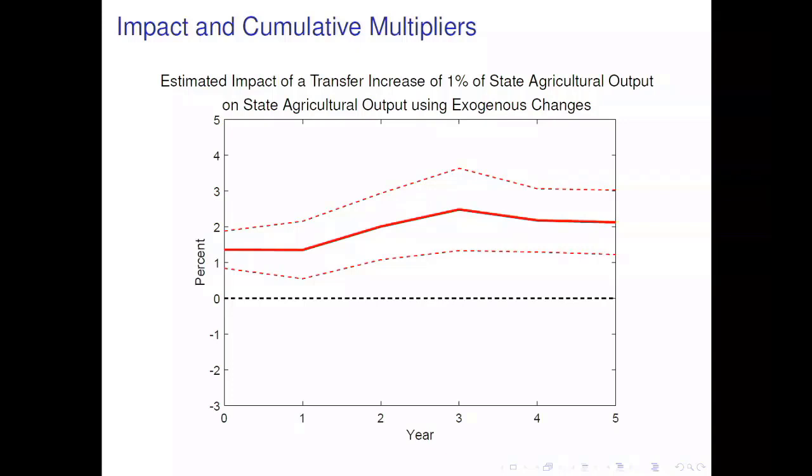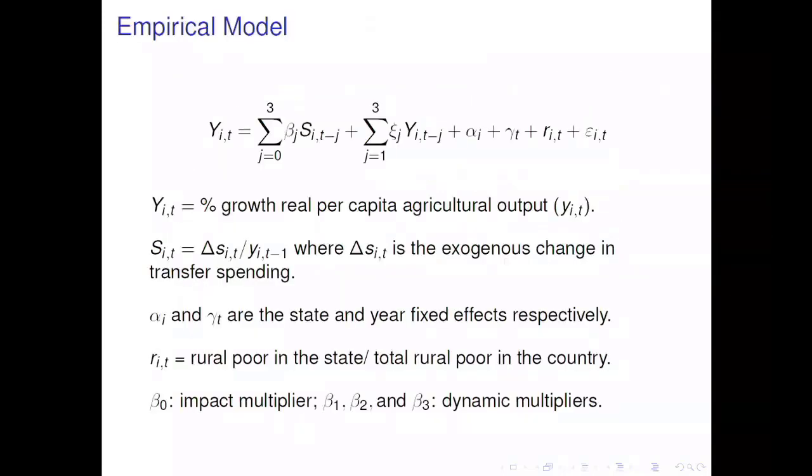Now, a key point that we want to understand is how this compares with the broader measure of transfer spending changes that I showed you earlier. What happens when I replace this shock series with the broader measure of transfer spending changes?